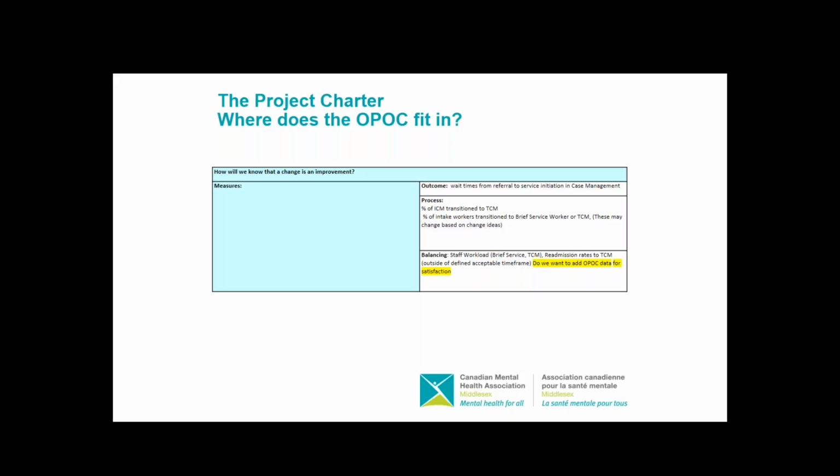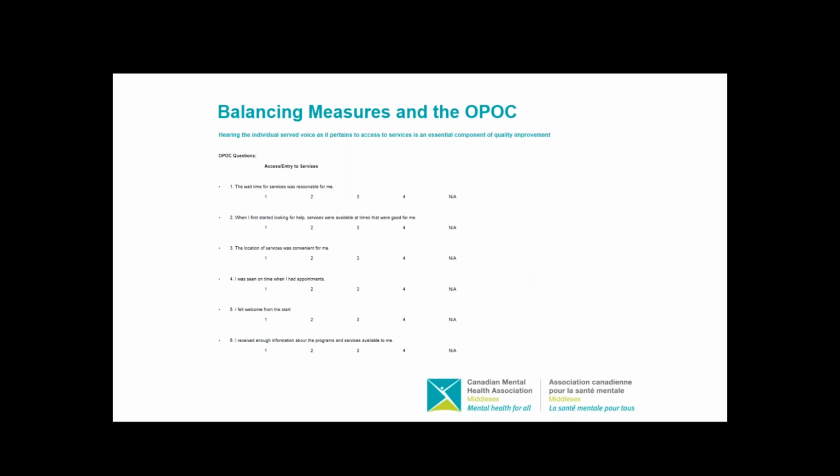So if we make changes to access to service that are going to be a quality improvement idea, access is going to be better, wait times are going to be shorter, one of the things we have to make sure is that the individuals we're serving are perceiving it as that. We may have numbers, but the person served might be going, this system is terrible, I didn't like the way it happened. So that's where the OPOC comes in.